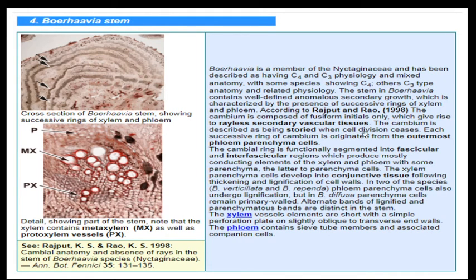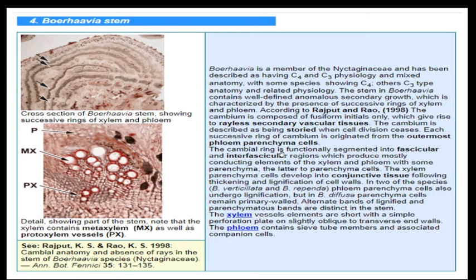Each successive region of cambium originates from the outermost phloem parenchyma cells.